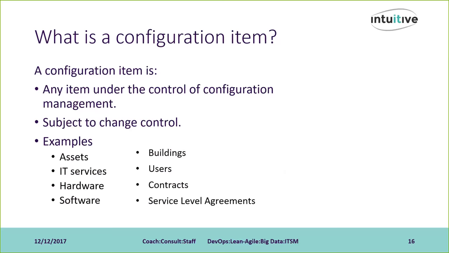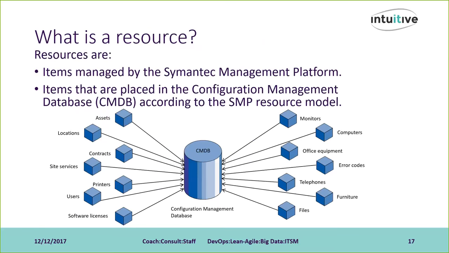What's a resource? So these are the definitions, the terminology we use when building out the CMDB. There's a specific definition for a resource in Altiris Asset Management. We refer to a resource as an item managed by the Symantec Management Platform, or SMP.